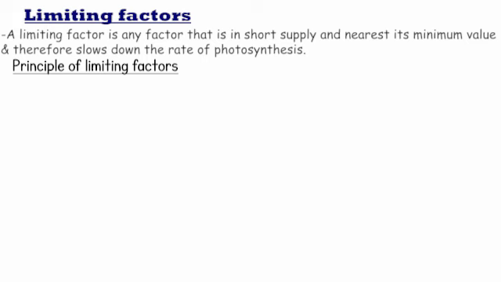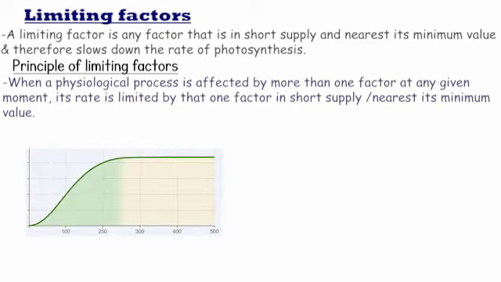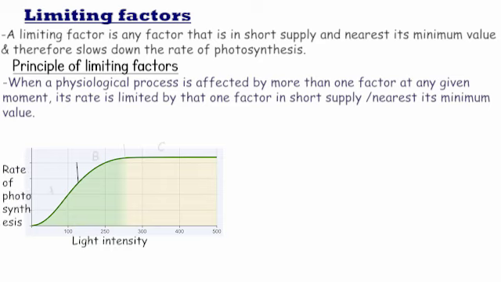The principle of limiting factors states that when a physiological process is affected by more than one factor, at any given point, its rate is limited by that one factor in short supply or nearest its minimum value, and that factor alone. So next we shall take light intensity as an example of a limiting factor as we study this graph. So I hope that is clear.